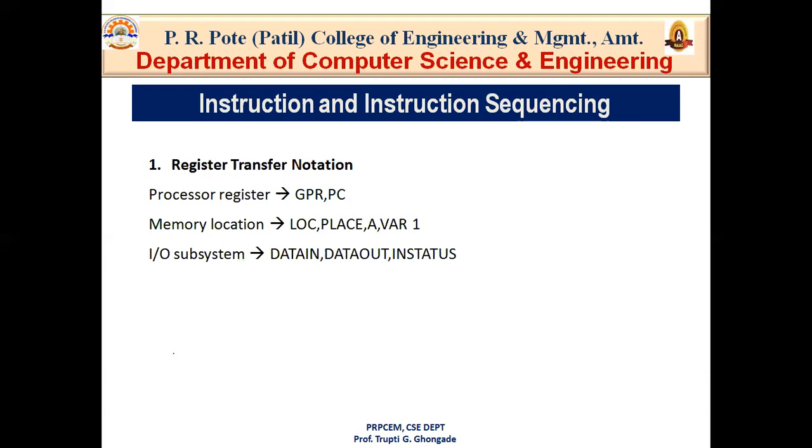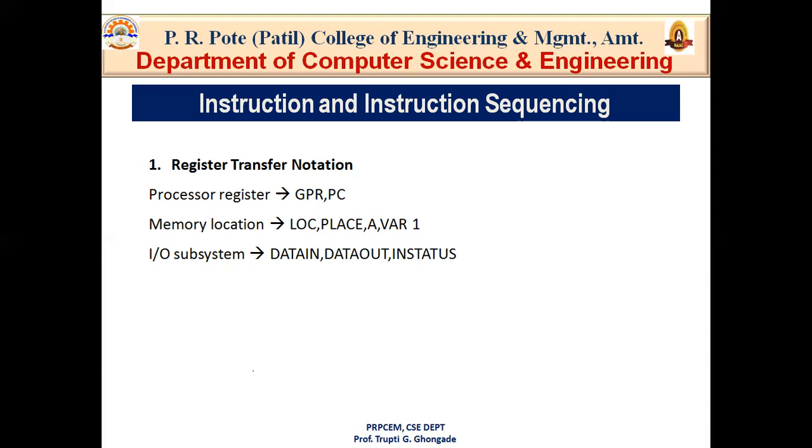So how will we write this register transfer notation? We will discuss this. There are some special types of registers which are used to perform the operations. To perform these operations, we have the processor registers, which we have discussed, and memory locations. Then IO subsystem registers.